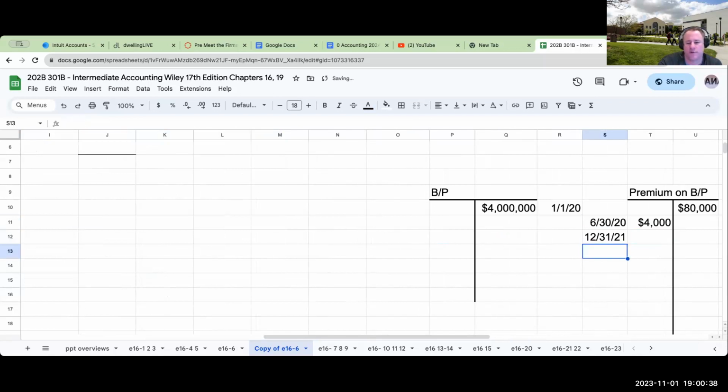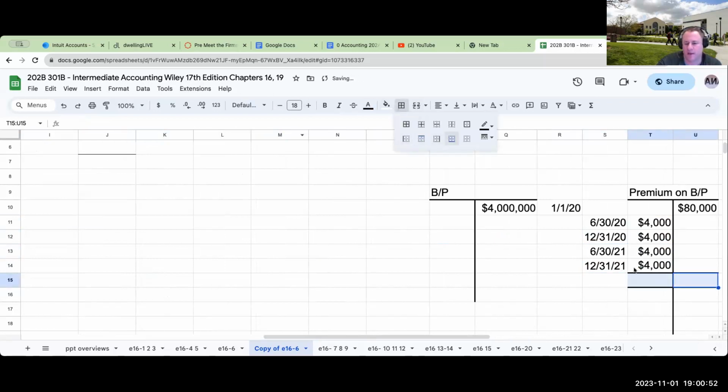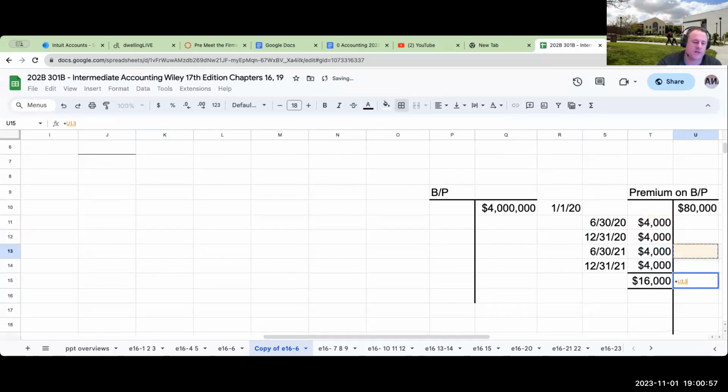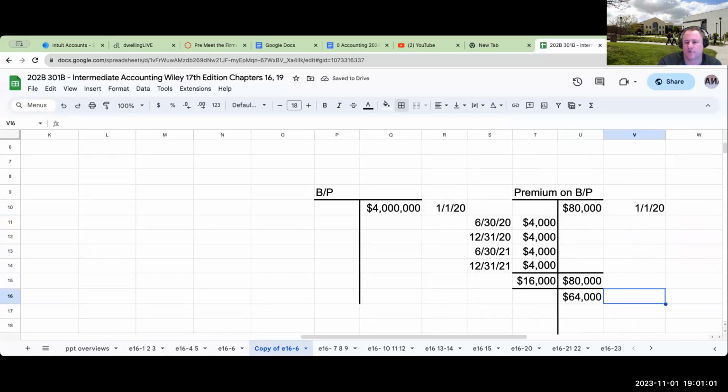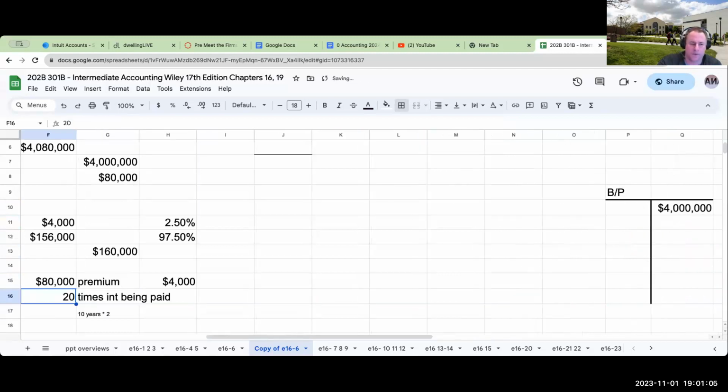It's going to be another 4,000. So the total amount of my premium on bonds payable, this is going to be 16,000, or a total over here of 64,000. And this is my balance as of 12/31/21.